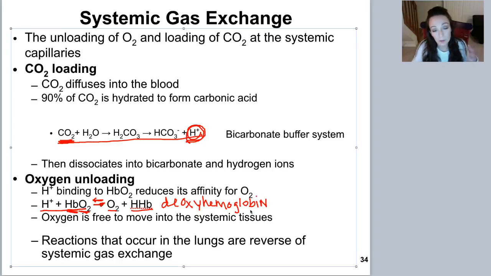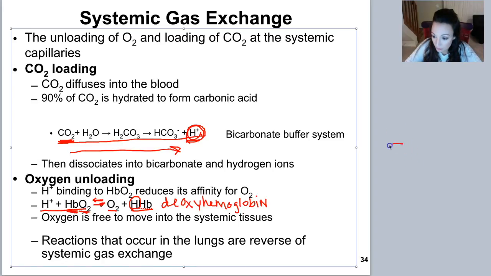It's basically hemoglobin without the oxygen bound, and instead of having oxygen bound, that hemoglobin has some hydrogens bound to it. So the way this is going to work is that because carbon dioxide just entered the bloodstream from the tissue, we're going to end up generating a whole bunch of hydrogen ions. And those hydrogen ions are going to begin binding to hemoglobin.